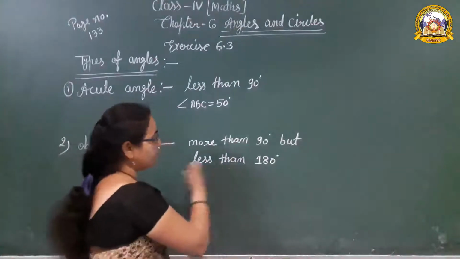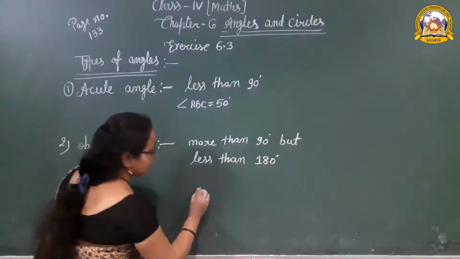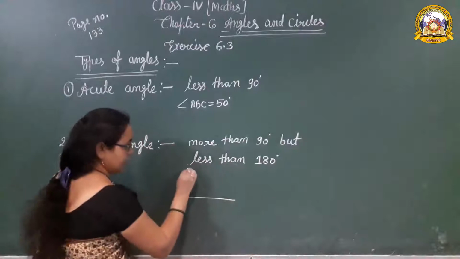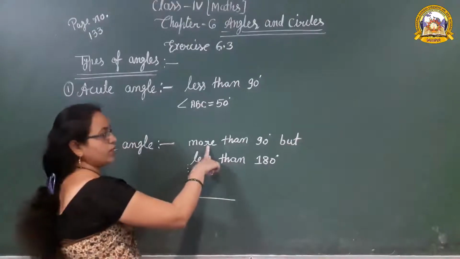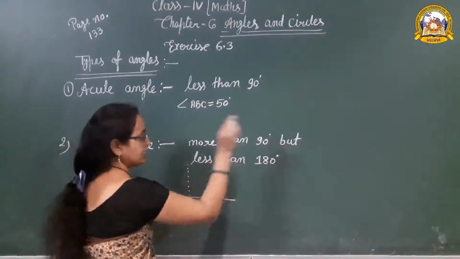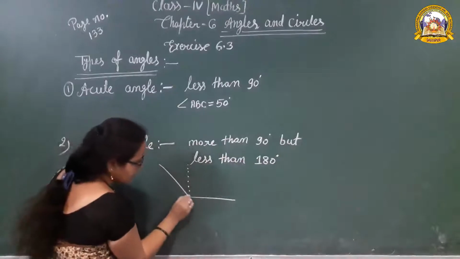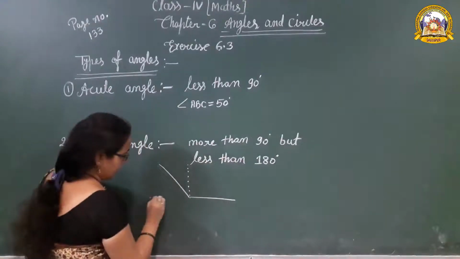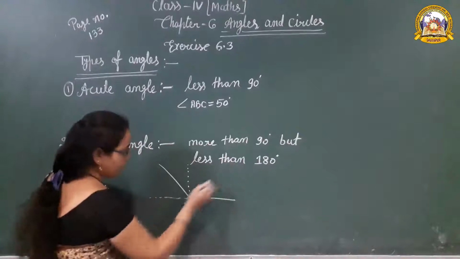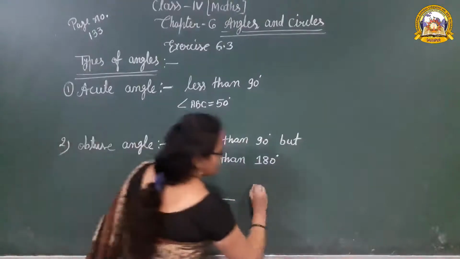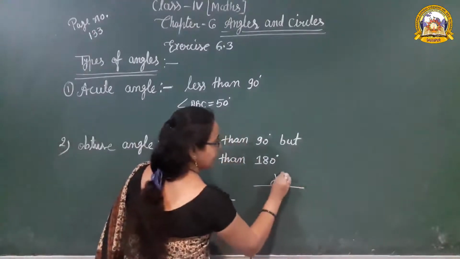So, an example of the obtuse angle: that is 90 degrees, and one is more than 90. More than 90 means like that, and less than 180. Look at here, that is the 180 degree angle.